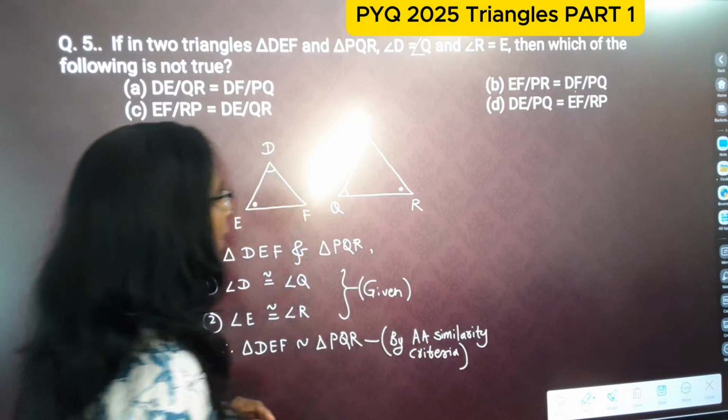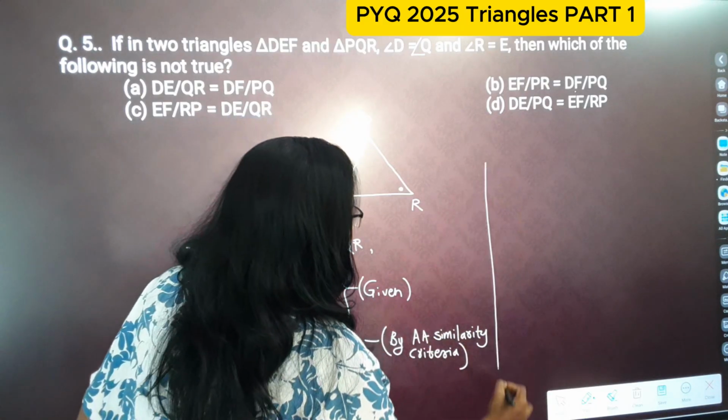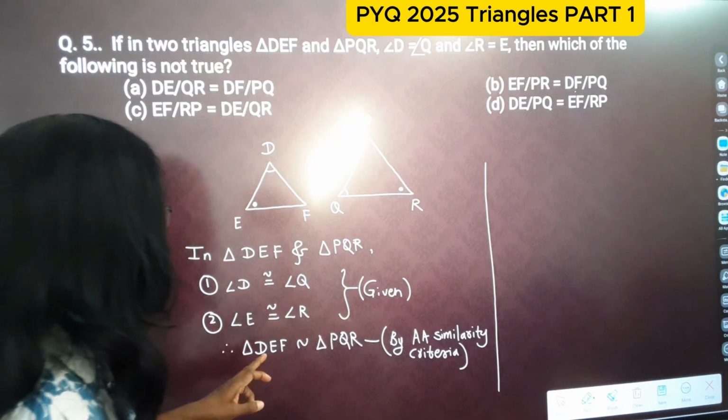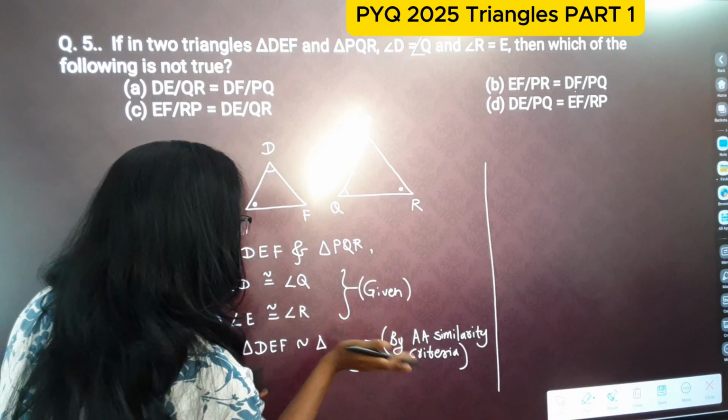Okay, so as the two triangles are similar to each other, the similarity is one to one correspondence.